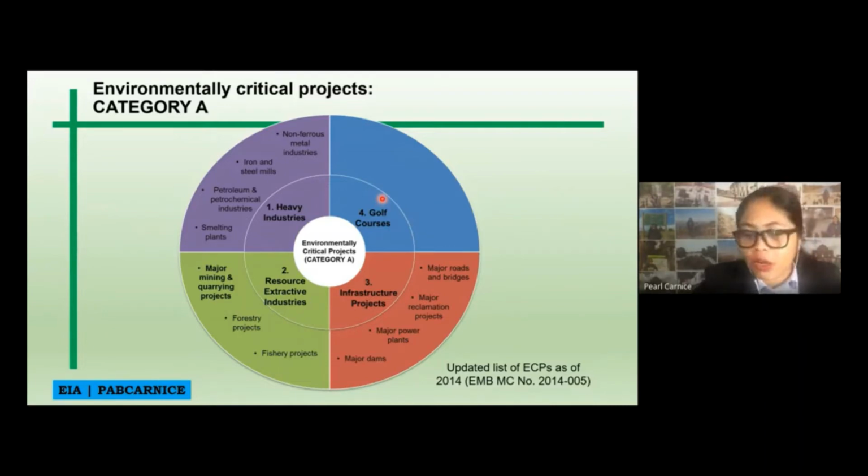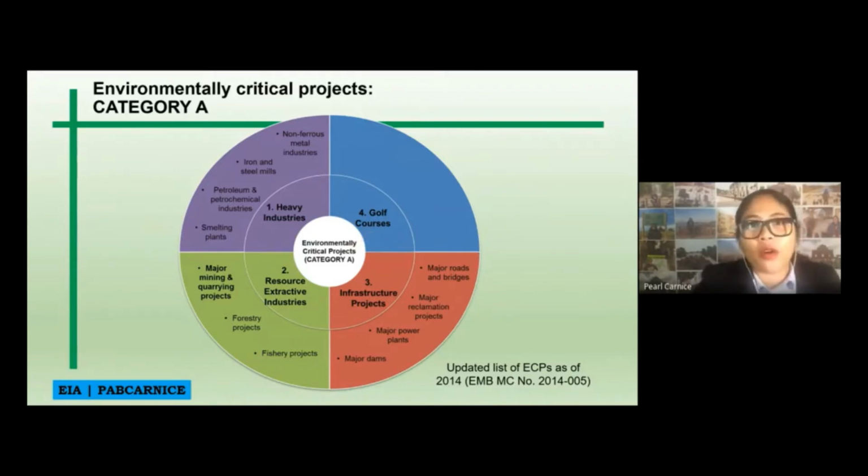But later on, I found out when I was doing my PhD, around 2016, that golf courses are already part of category A, or environmental critical projects. So these are the four major environmental critical projects under category A that will definitely require an ECC.